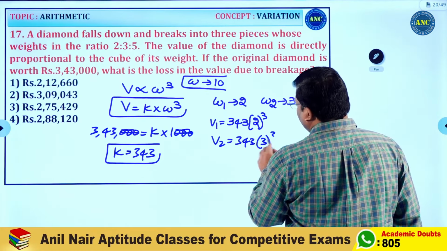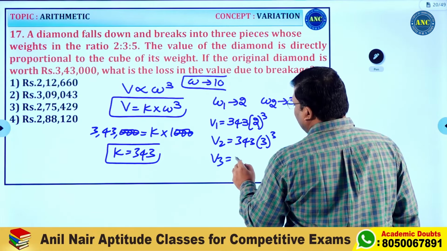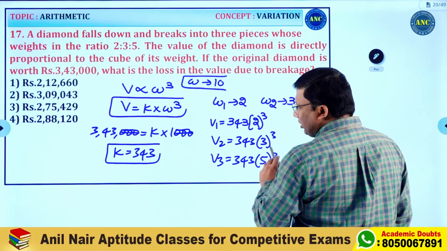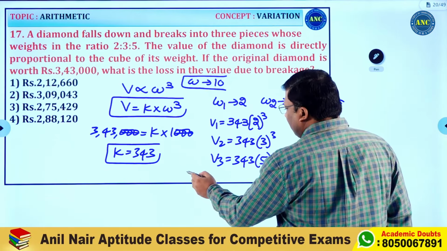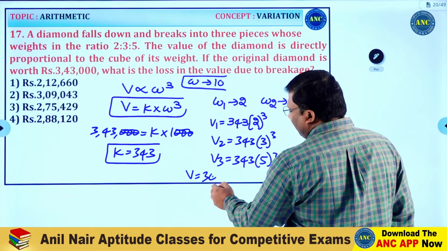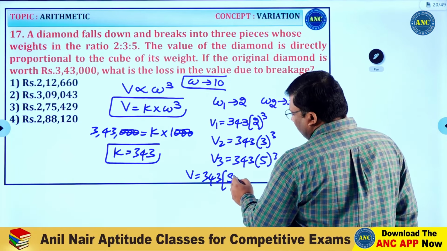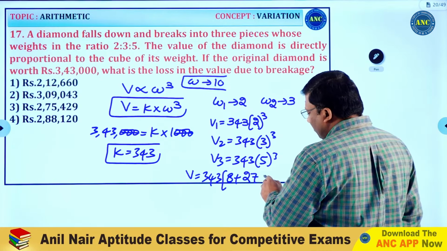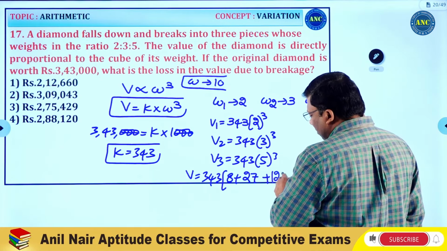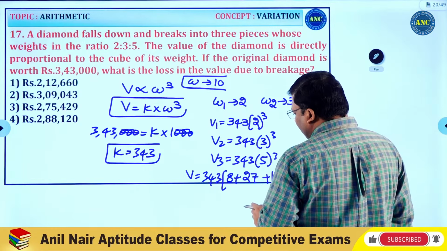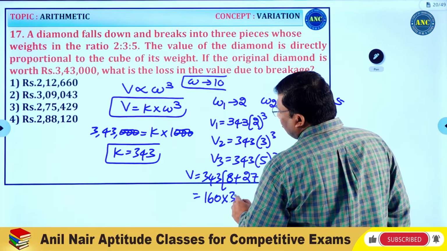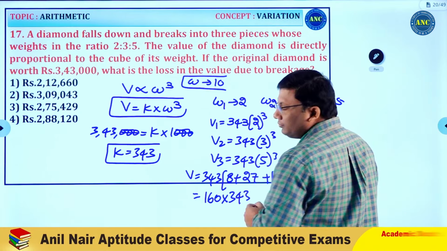V3 will be 343 into 5 cube. So total it will be 343 into 2 cube is 8, 3 cube is 27, 5 cube is 125. 125 plus 27 is 152, plus 8 is 160. It is 160 into 343.